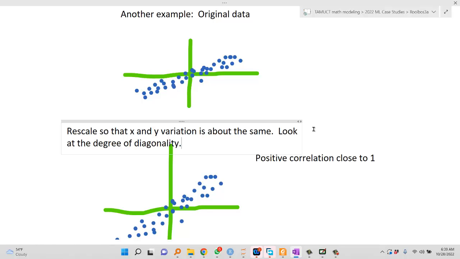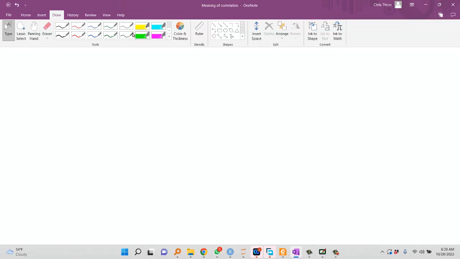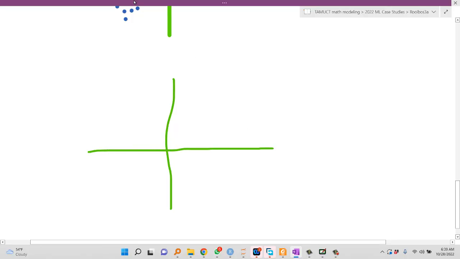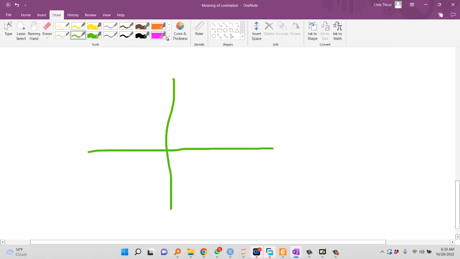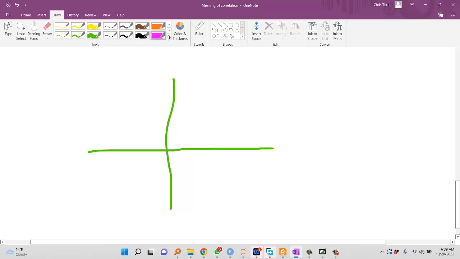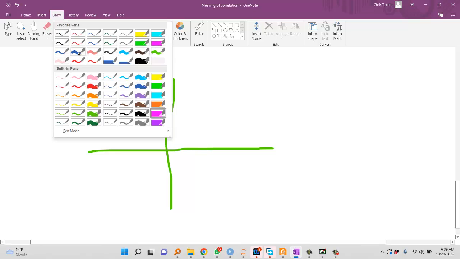Well, let's do an example where you don't have a strong correlation. Here, if I have some axes like this, here's my axes. Let me make a cloud of points. This is a good size.